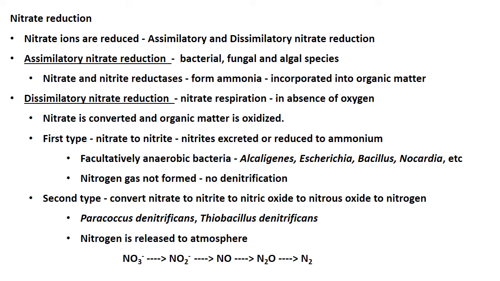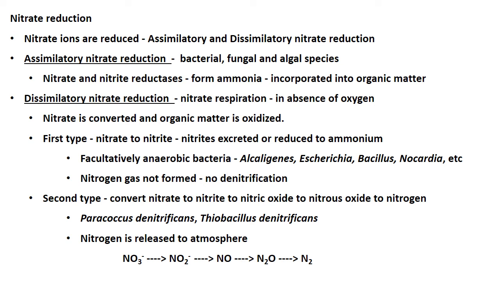The second type of nitrate reduction is dissimilatory nitrate reduction. This is also known as nitrate respiration, and this occurs in the absence of oxygen. Here, nitrate is converted to a variety of reduced products, and for their reduction, organic matter will undergo oxidation. There are two types of dissimilatory nitrate reduction.